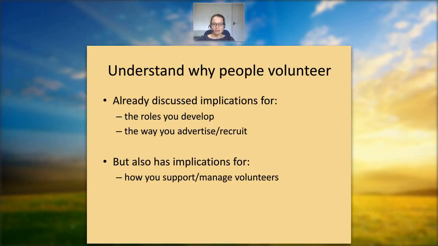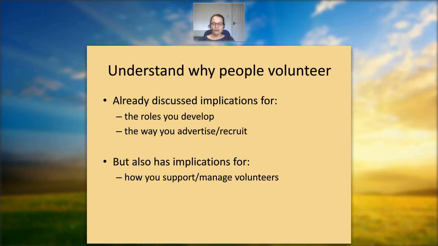in a couple of minutes, but first of all, just to look at the first part of that, which is understanding why people volunteer. We've already discussed, and many of you mentioned in assignment 1 actually, that there are lots of implications for the roles that you develop and the way that you advertise that are based on why people come forward and want to volunteer.